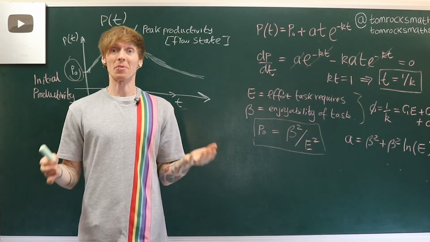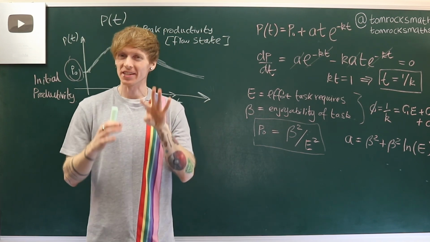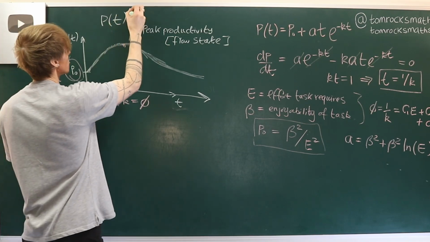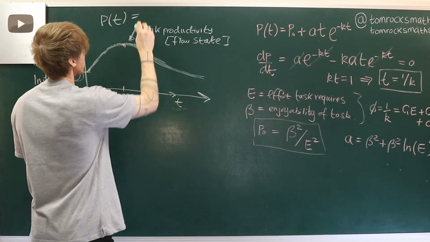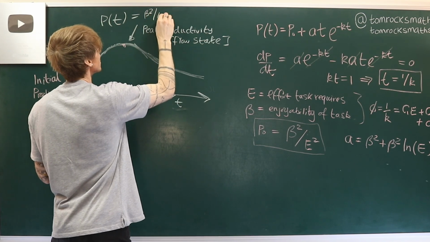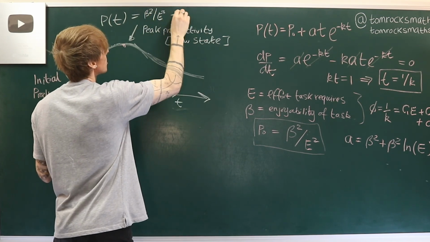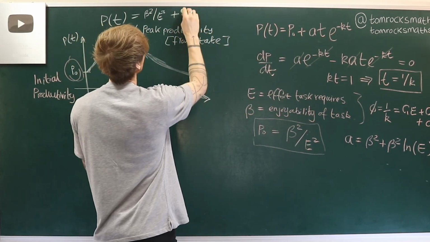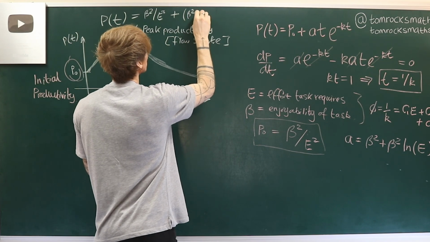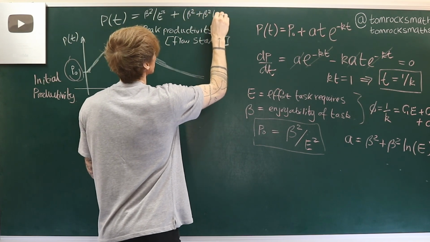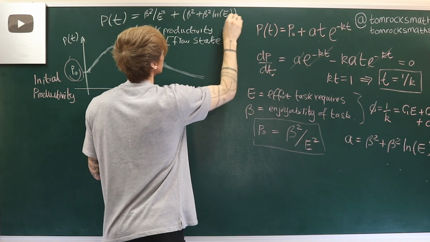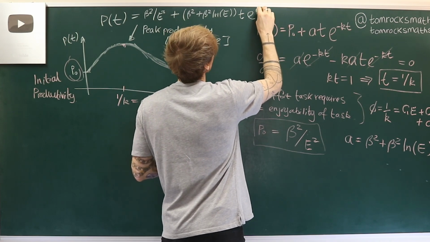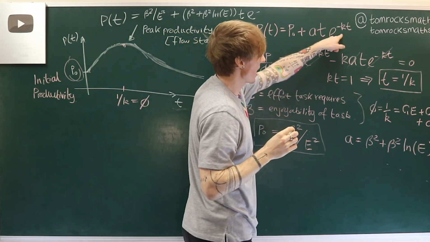Putting all of this together, we finally have our productivity function P of t as follows. P of t is equal to P naught, which is going to be beta squared divided by E squared, plus A, the amplitude given there, so that's going to be beta squared plus beta squared, the natural log of E, multiplied by t times e to the minus, and then we've got k.